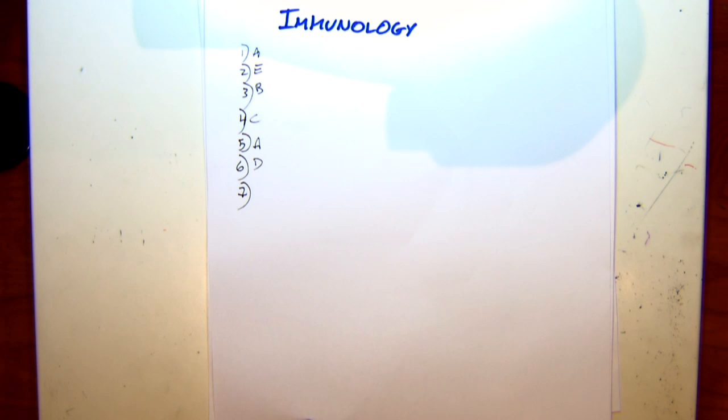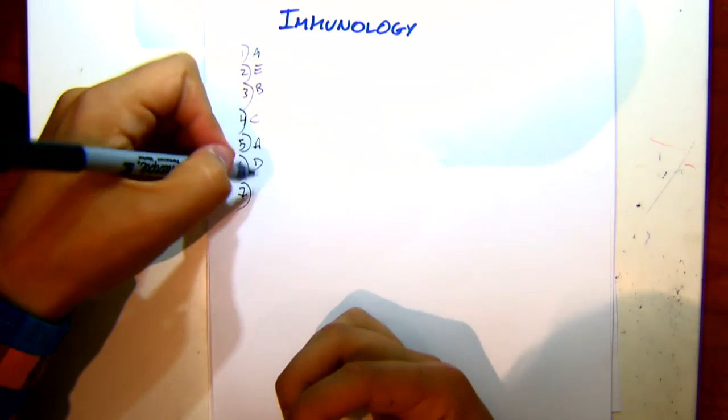The selectin is actually involved with the rolling adhesion when the neutrophil is literally rolling throughout the capillary, right? And then CD14 is part of the Toll-like receptor, and NK cells are the ones who secrete INF gamma. All right, so 7 is going to be D.